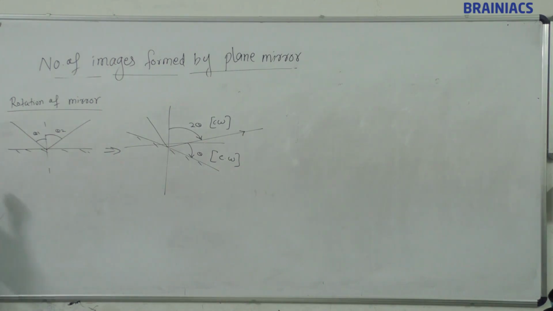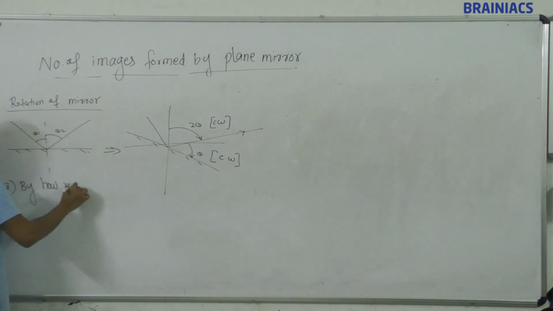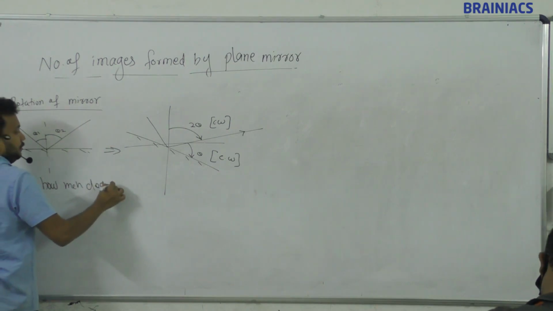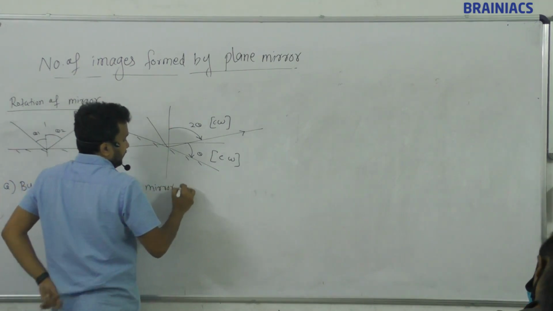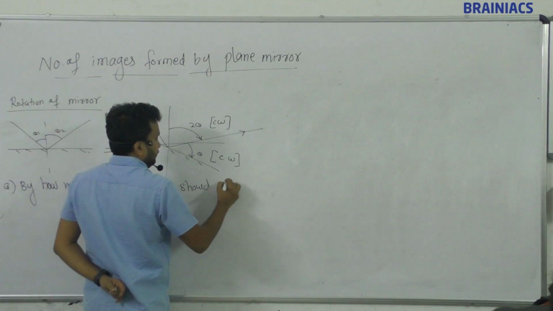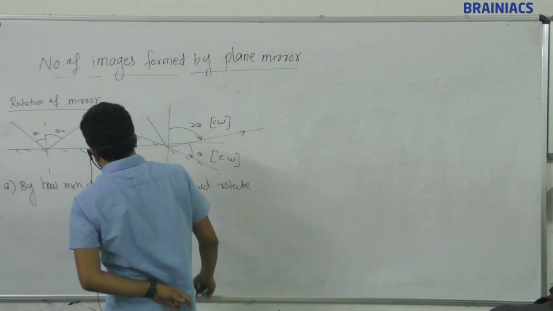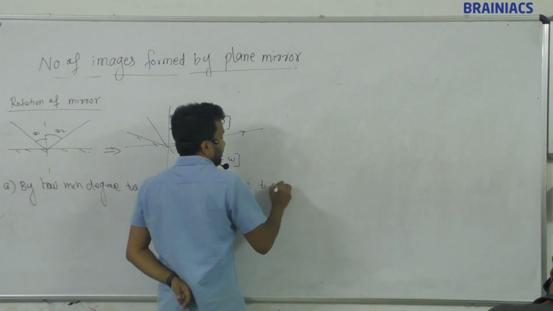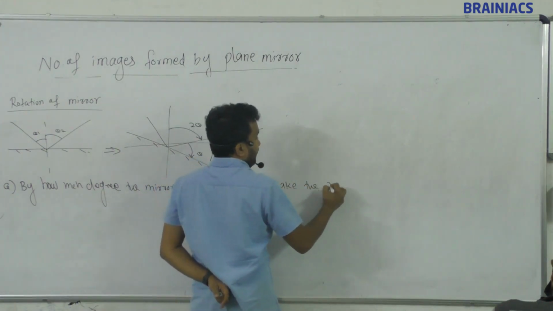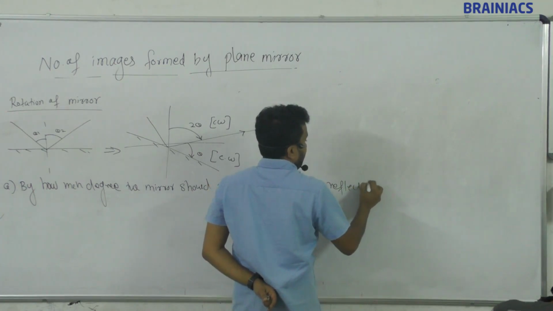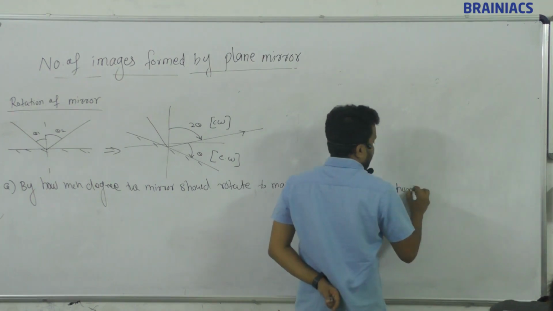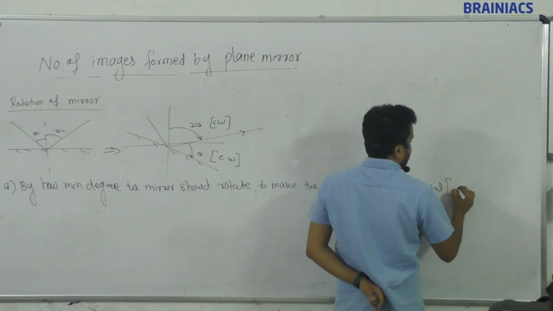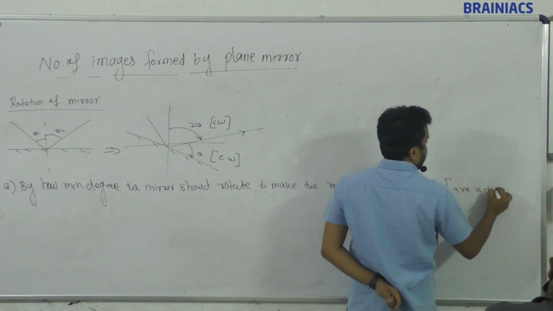Below, write one question: by how much degree should the mirror rotate to make the reflected ray horizontal (positive x direction)?